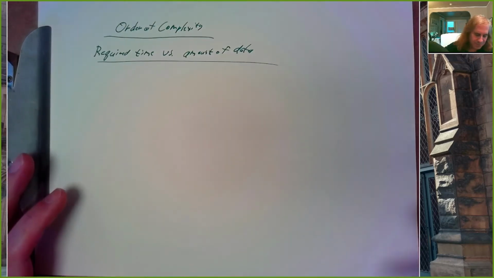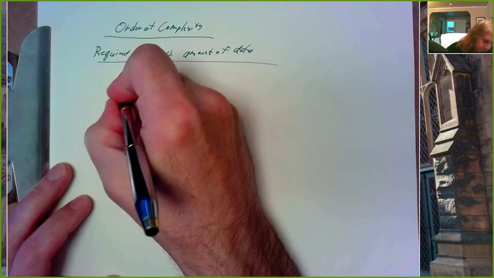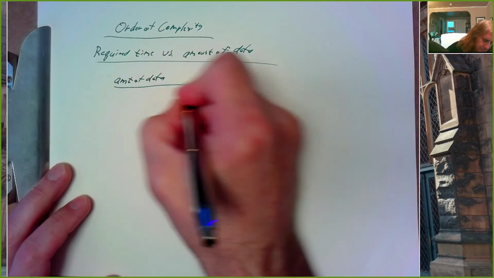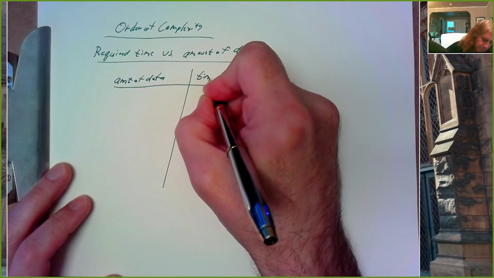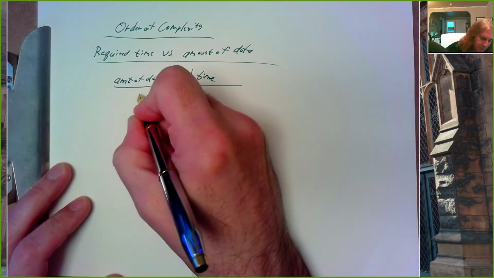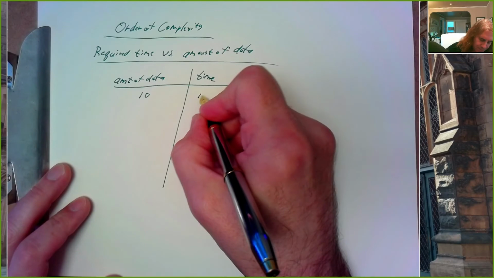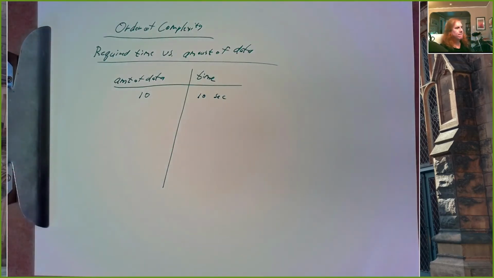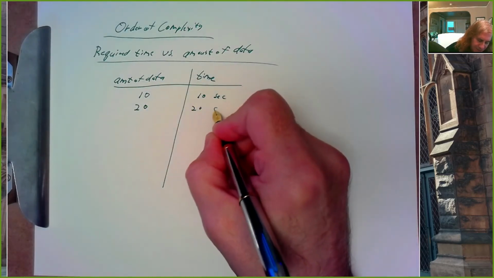So let me give you some possible examples. Here's the amount of data, and here's the time. Suppose we have 10 pieces of data, and it takes 10 seconds. And suppose that we were to double the amount of data, and we find that now it takes 20 seconds.